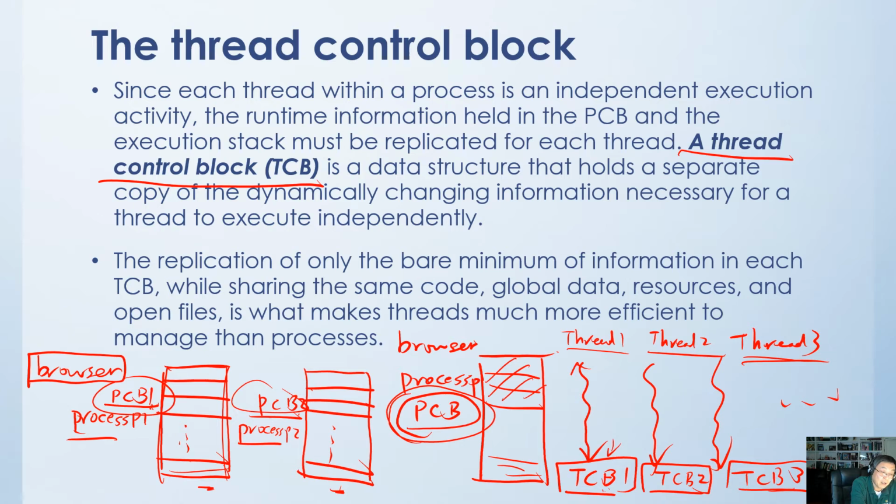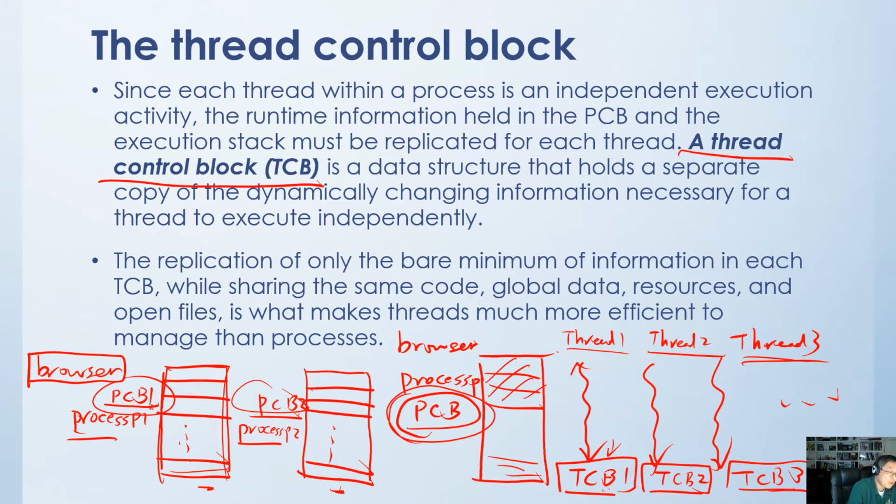We will find out later, when you do context switching in a multi-programming environment, switching from one process to another, you need to save the whole process control block and load a whole process control block into the CPU.